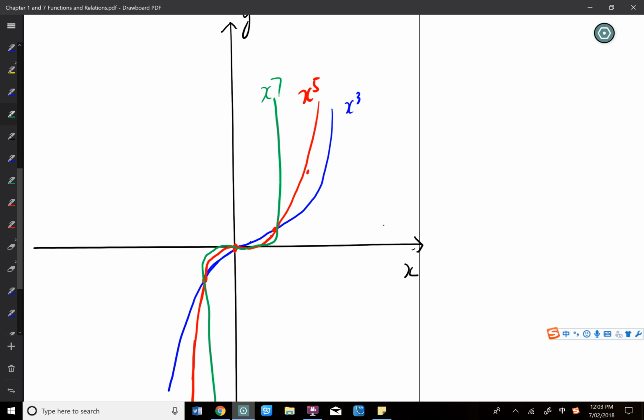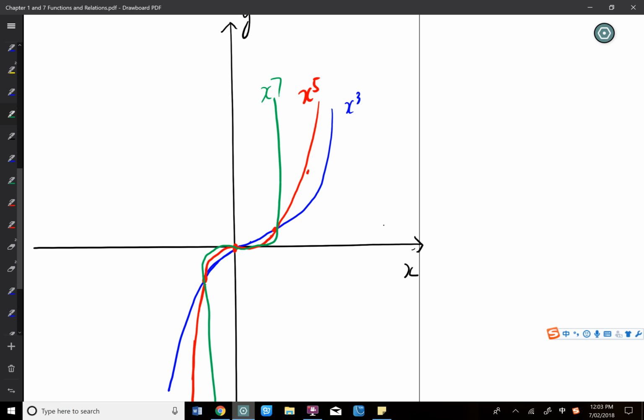Similar idea for even functions. I need to go through this quickly. For even functions, what does x to the power of 2 look like? X squared, a parabola. What does x to the power of 4 look like? What are the intersections between x to the power of 2 and x to the power of 4?